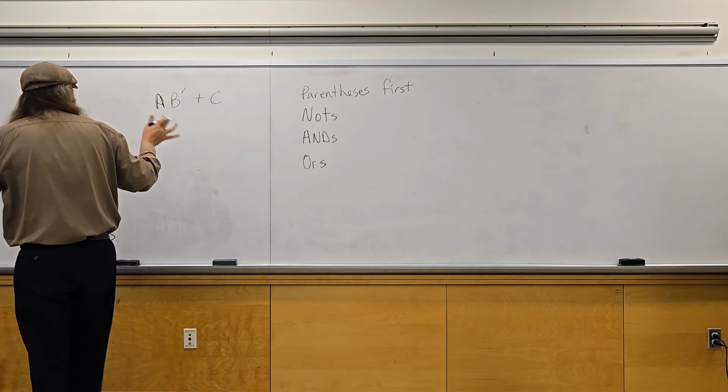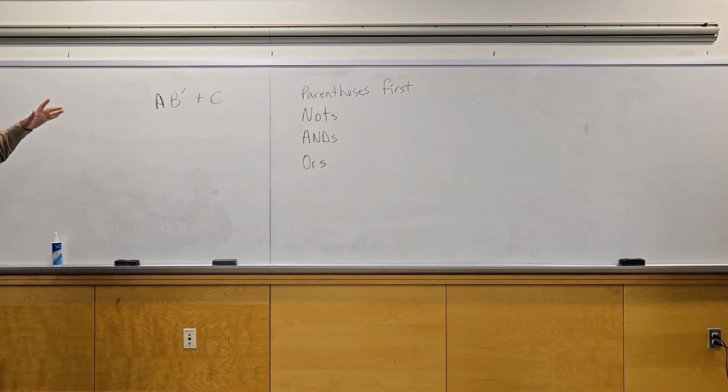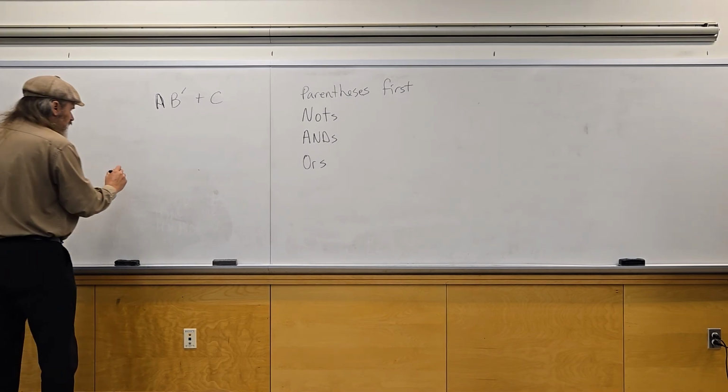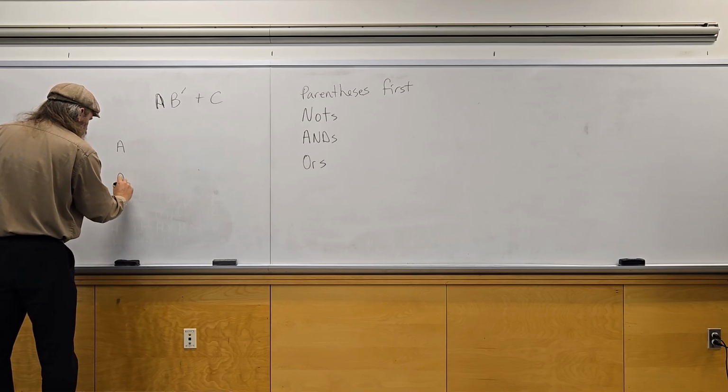So there's no parentheses in this expression. So you do the next, the nots. And when you draw out a schematic from an expression, you start from the left and work to the right. So not B would be, let's say you have your inputs here.